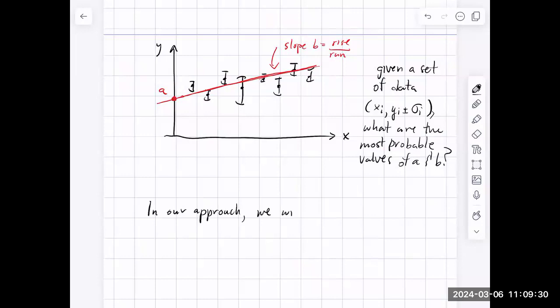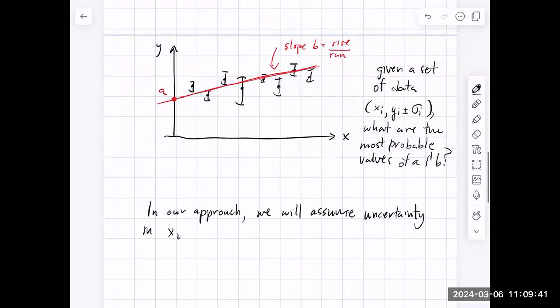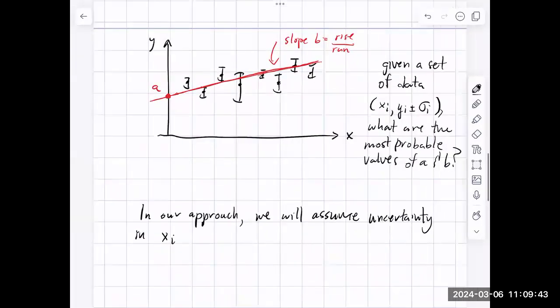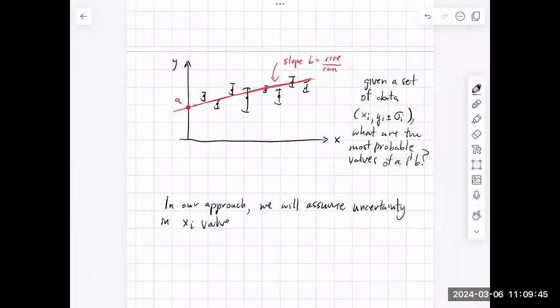So in our approach, we will assume that the uncertainty in xi values are negligible compared to the uncertainty in the yi measurements.